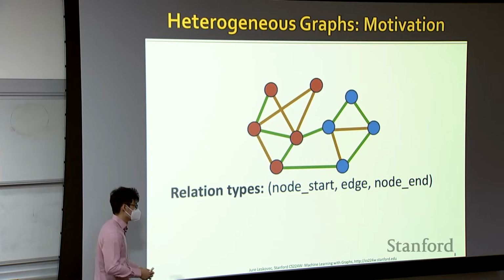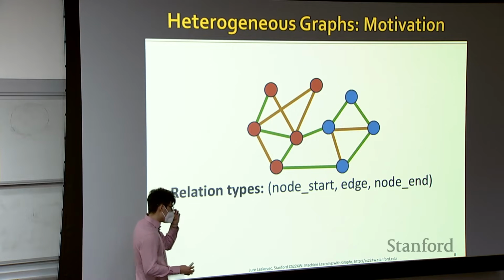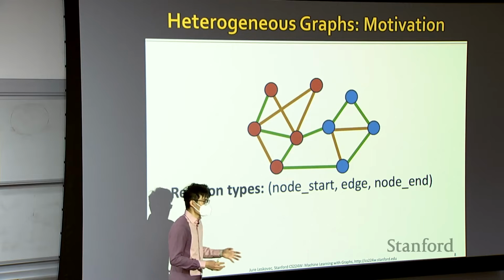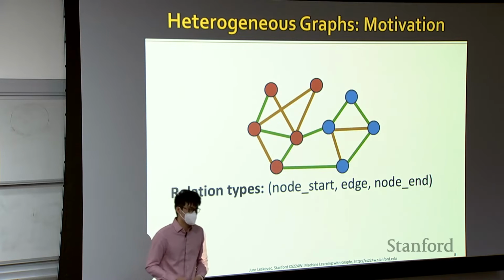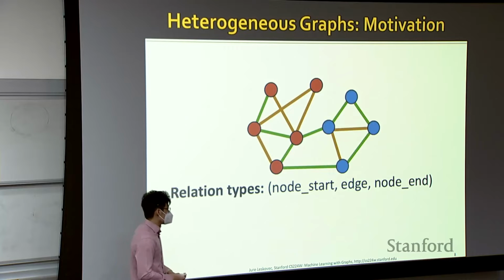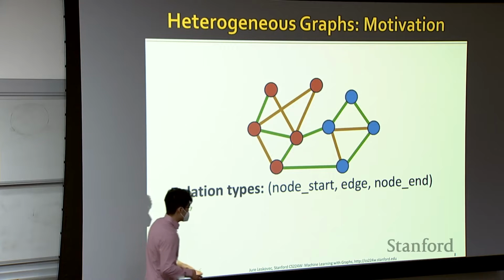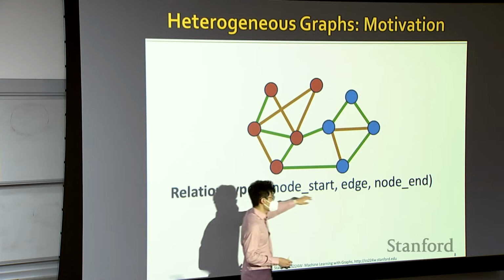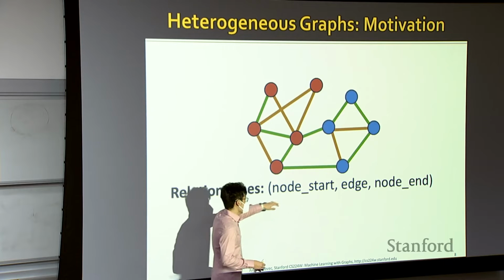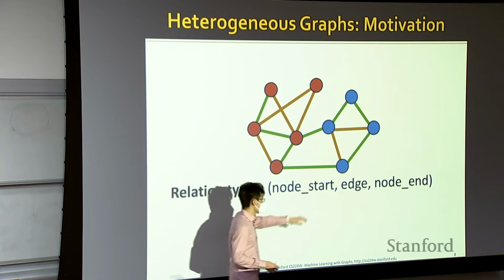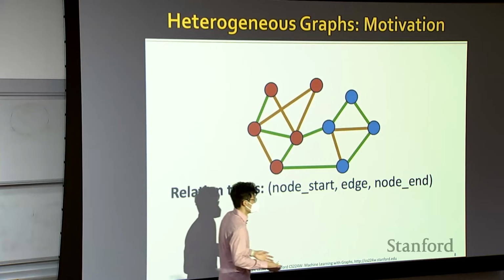So how do we efficiently capture this complex type relationship in a heterogeneous graph? So the key idea throughout this lecture will be the concept of relation. So inside a relation, it will be a tuple of 3 elements. We talk about the starting node, the edge, and the end node.